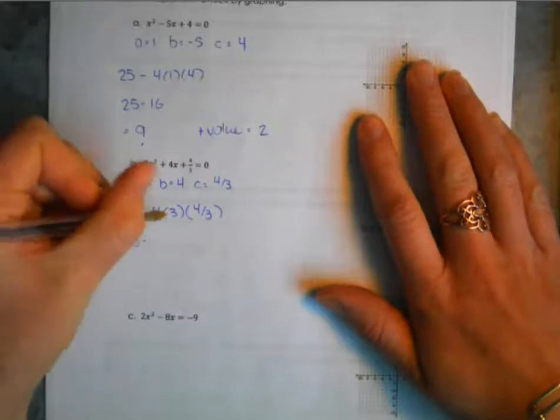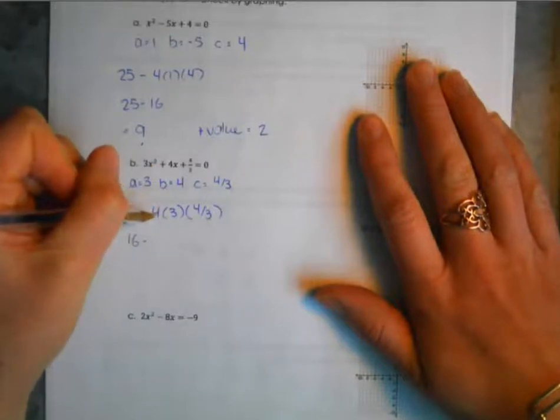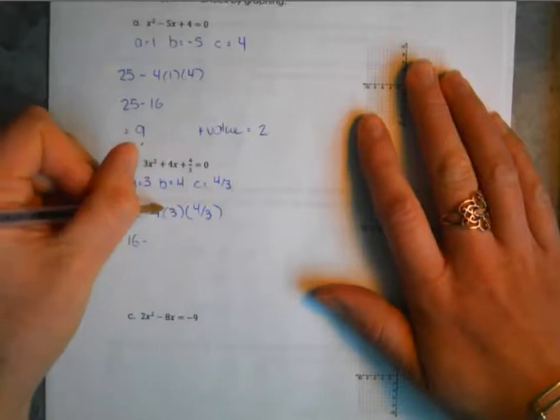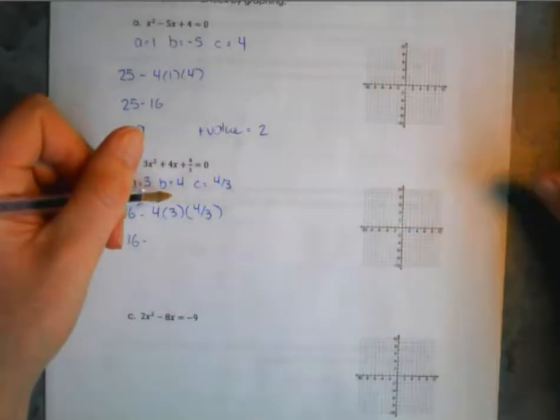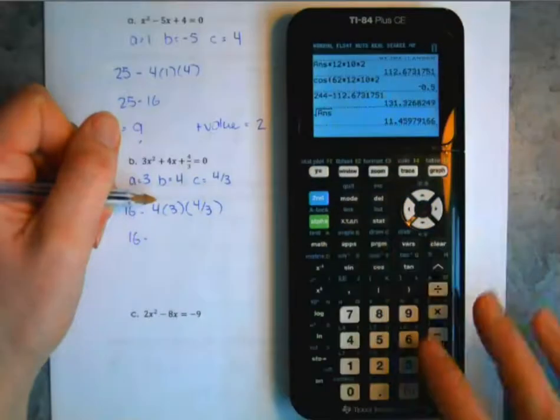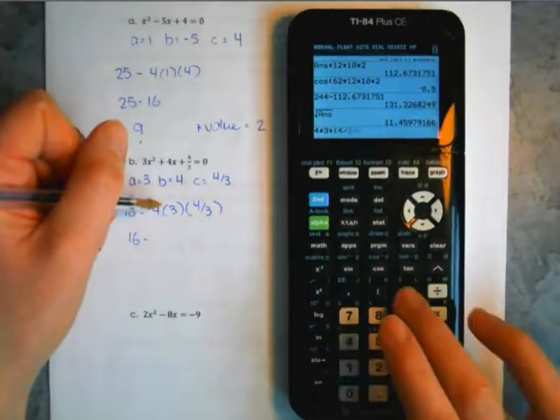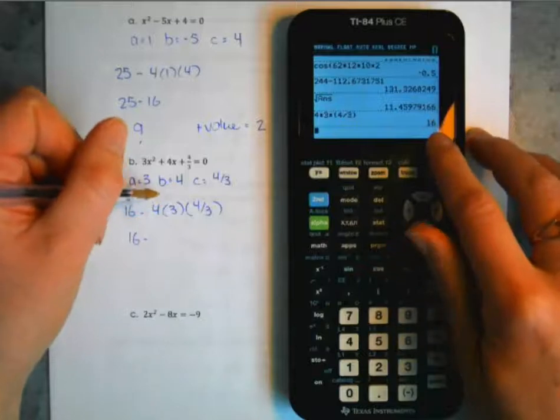16 minus... Now it's kind of up to you what you want to do at this point. You can keep it as a fraction, or you can multiply it out and see if you get a decimal. So basically you would go 4 times 3 times bracket 4 divided by 3, and you can find that it's an even number.